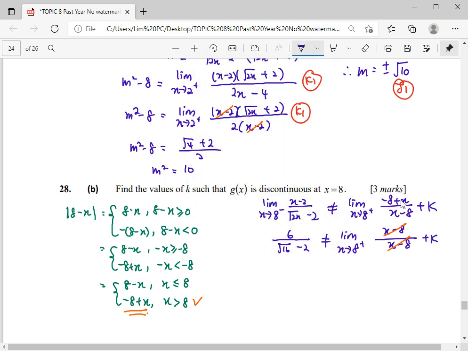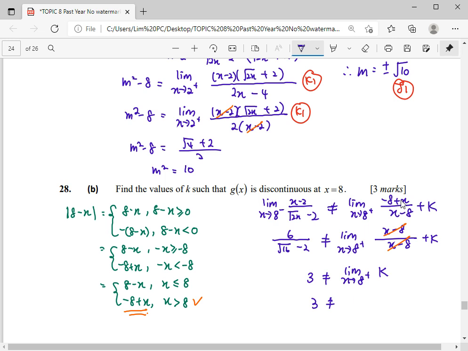So this is 6 over square root 16 minus 2, so it is 3. It cannot equal the limit as x approaches 8 from the right hand side, for a constant.